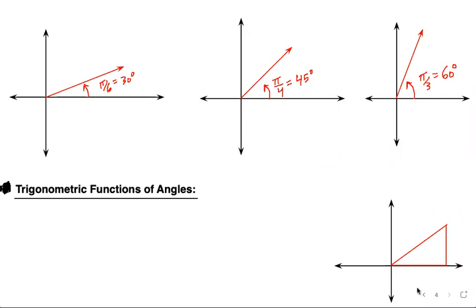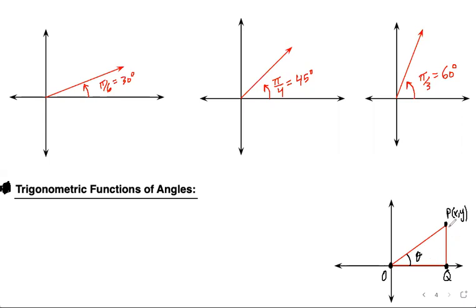This triangle has a vertex at the origin, O, (0, 0). This point is the Q point. This point is called B, with coordinates (x, y). Here, this angle is theta.